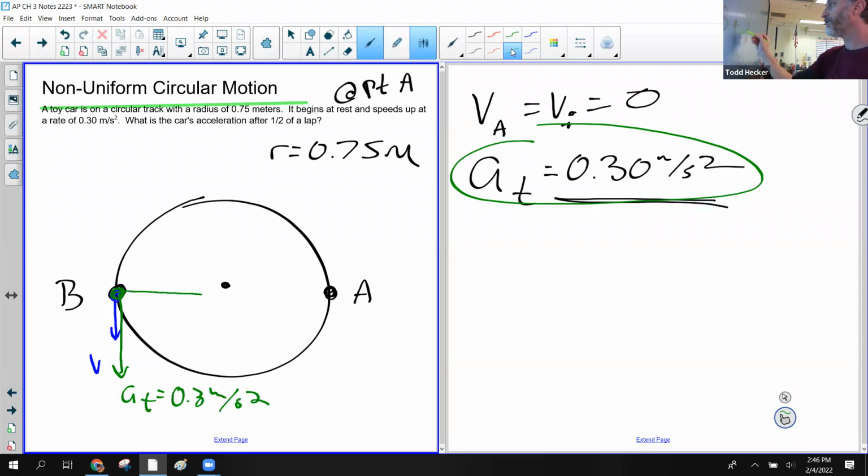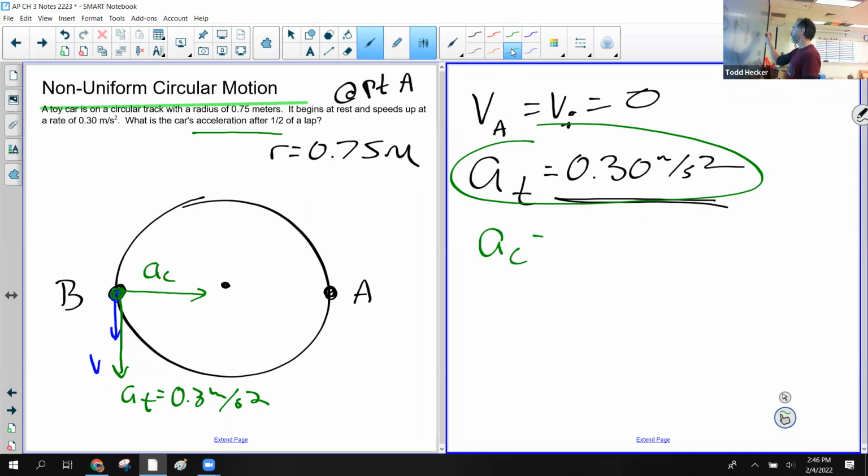But we're also going to have a centripetal acceleration, right? Responsible for the changing direction. Okay. And our overall acceleration is going to be the vector sum of those two values, the tangential and centripetal acceleration. Okay. So let's see, to find our centripetal acceleration, oh, it's v squared over r.